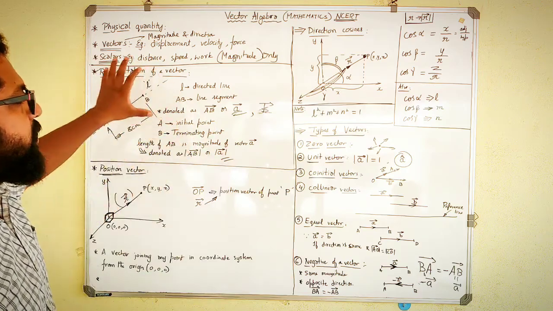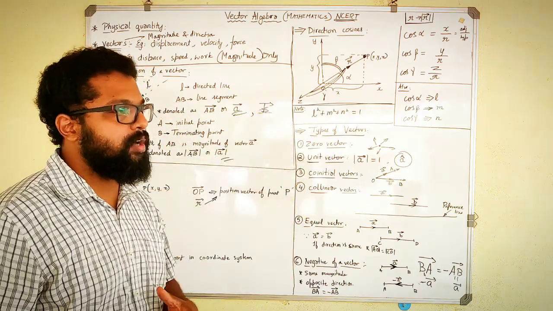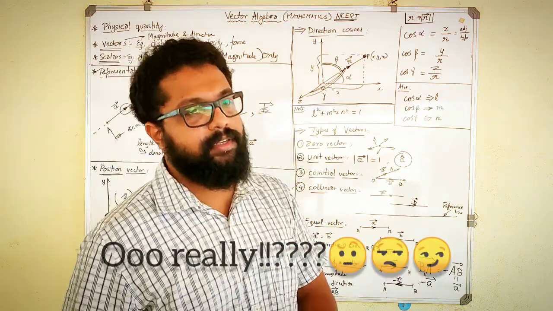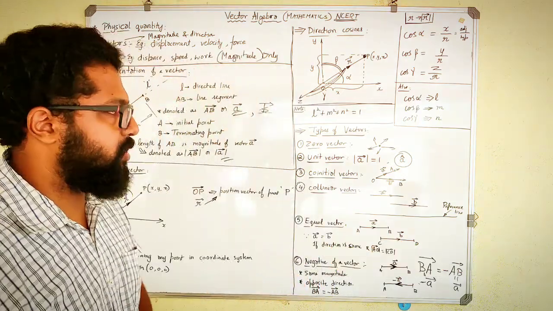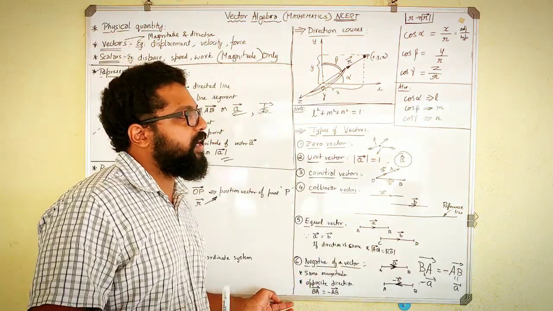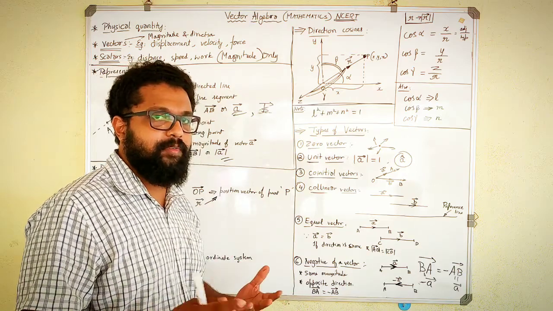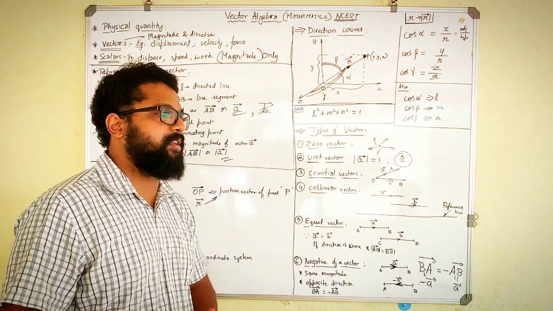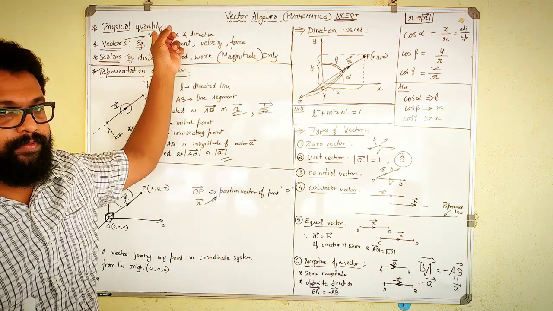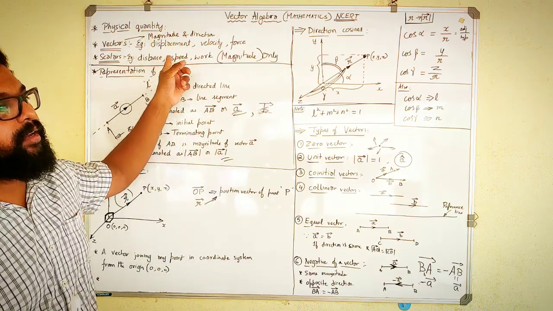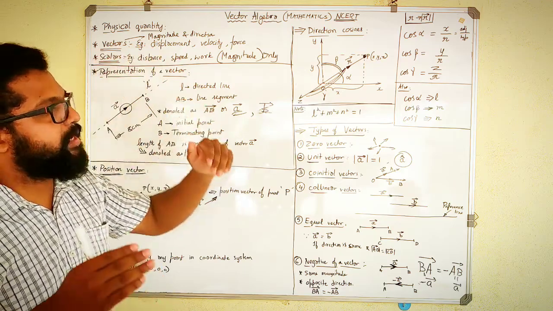We need to understand these basics in order to understand the vector numericals. Now I got a question: why do we learn this in mathematics? What is the use of learning these? Because vectors, as I told you, are physical quantities that have both magnitude and direction.